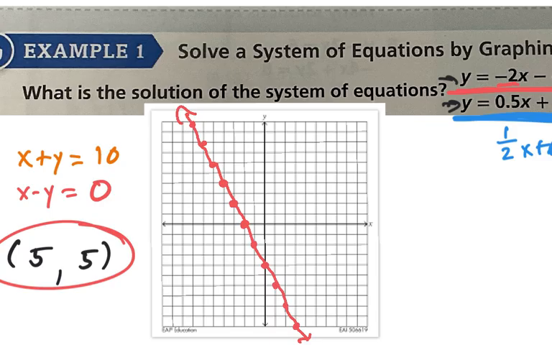Y-intercept is 6. 1, 2, 3, 4, 5, 6. Plot my point. Slope is 1/2. Up 1, right 2, up 1, right 2, and so on. I could also go down 1, left 2, down 1, left 2, and so on.